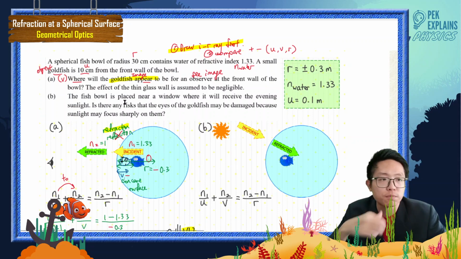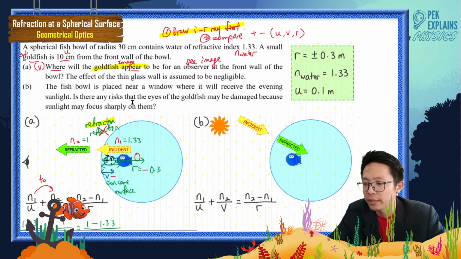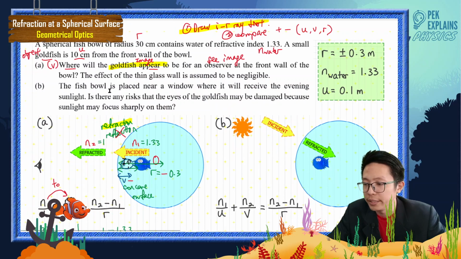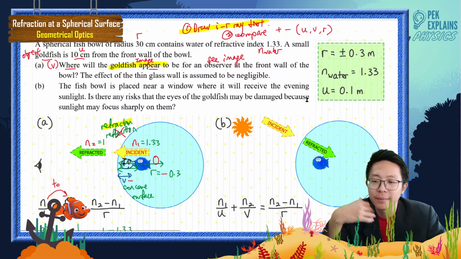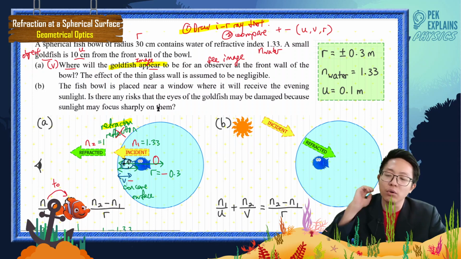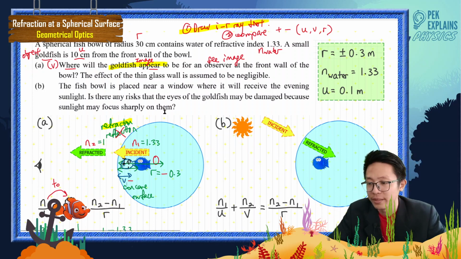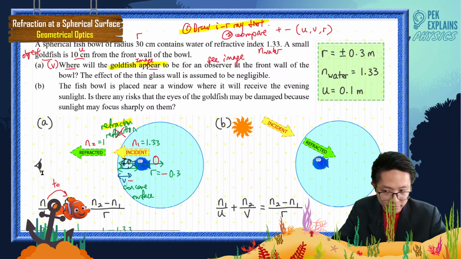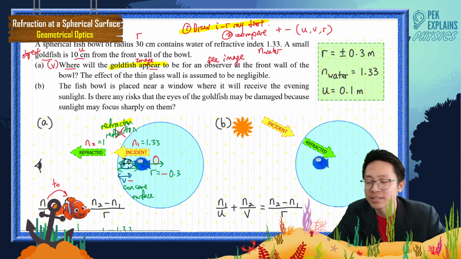The fishbowl is placed near the window where it receives the evening sunlight. Is there any risk that the eyes of the goldfish may be damaged because the sunlight may focus sharply on them? Now, who becomes the observer, the human or the goldfish? Now he's asking about what the object is.